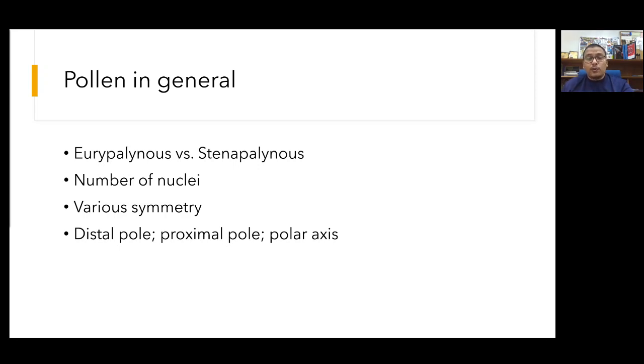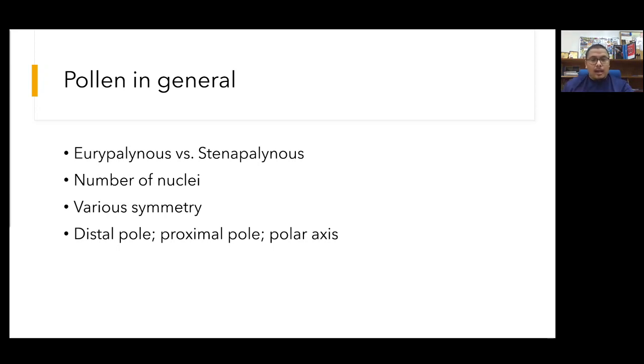The number of nuclei present at the time of shedding is also significant. Most primitive angiosperms shed pollen at the 2 nucleate stage, whereas in more advanced groups, pollen is shed at the 3 nucleate stage.